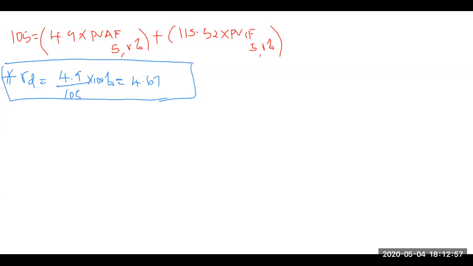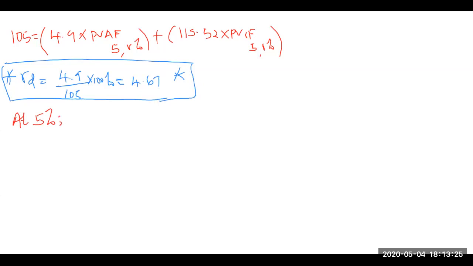Therefore, you can begin by discounting our cash flows, the 4.9 and the 115.52, at either 4% or 5%, whichever I prefer. The only reason I've done this calculation is simply to give you an idea where the cost of your bond should be, but you don't need to do that part. So let's discount those cash flows at 5%.